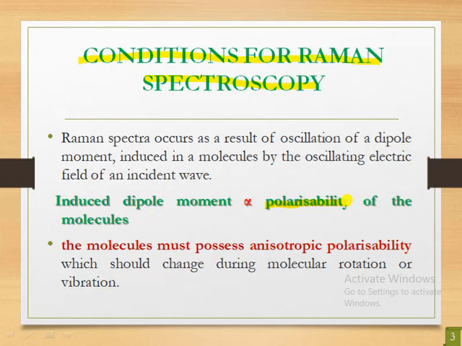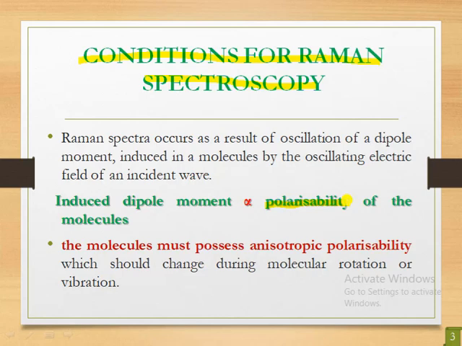To give a Raman spectrum, the molecule should change polarizability. Otherwise, it will not give a Raman spectrum, or Raman signal. So for IR, the molecule should change the dipole moment, but for Raman, the molecule should change polarizability.